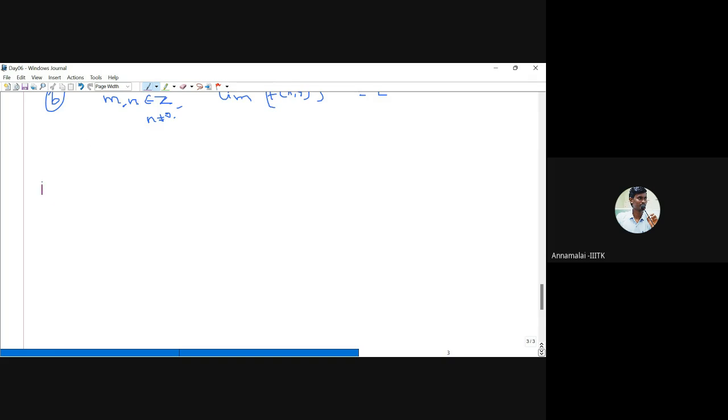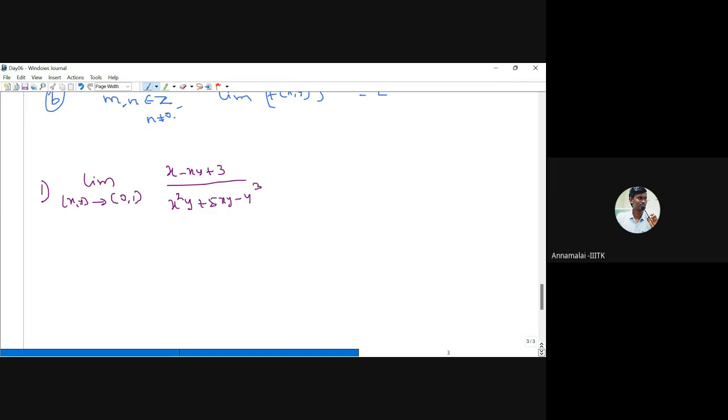So exercise first one. What is the limit as x comma y approaches 0 comma 1 of (x minus xy plus 3) divided by (x square y plus 5xy minus y cube)?